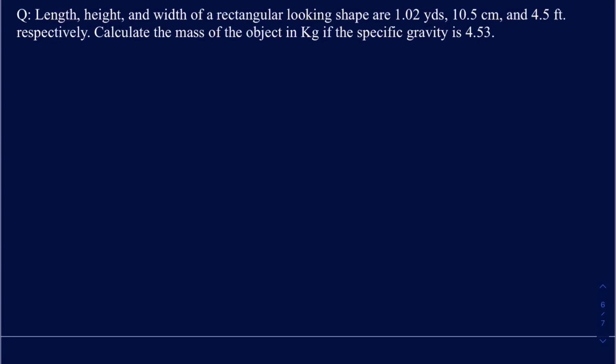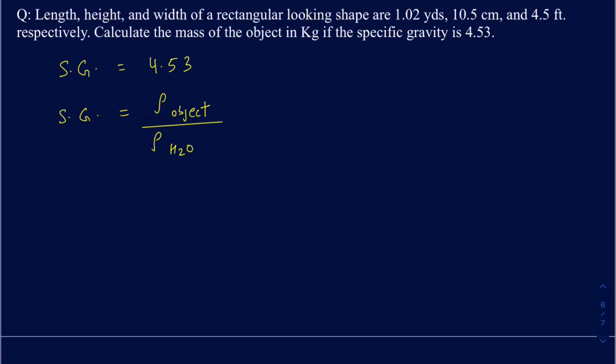Okay, well, we're given the specific gravity here. So specific gravity is going to be 4.53. And if you guys recall, the specific gravity is measured in the form of the density of the object, in this case, whatever that rectangular cube is, I'm just going to write that down as an object here, divided by the density of the water.